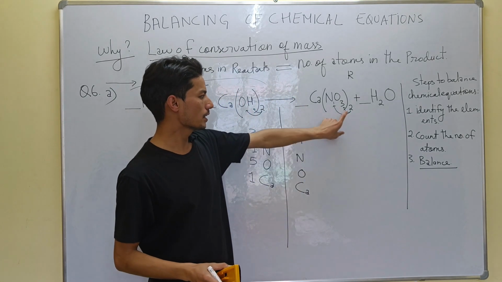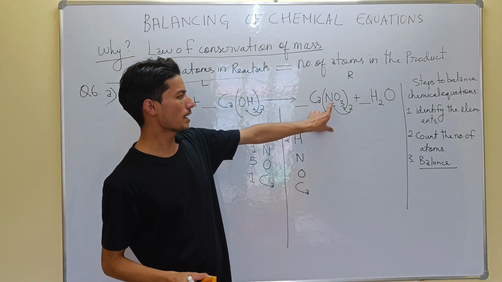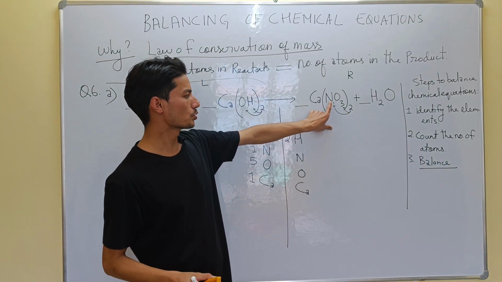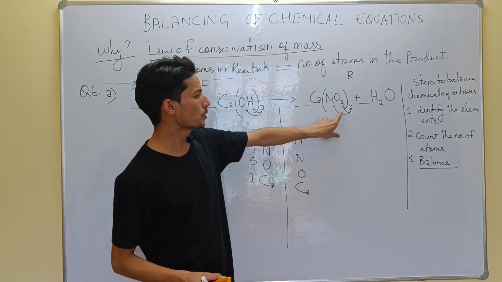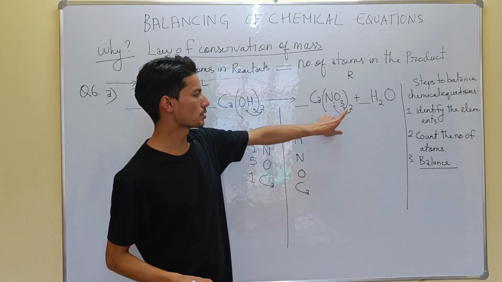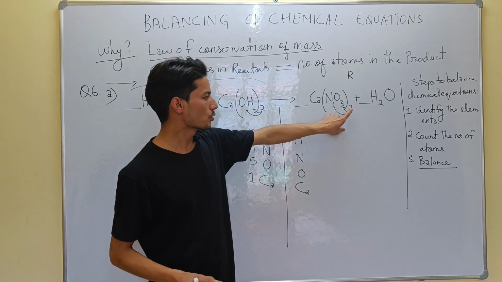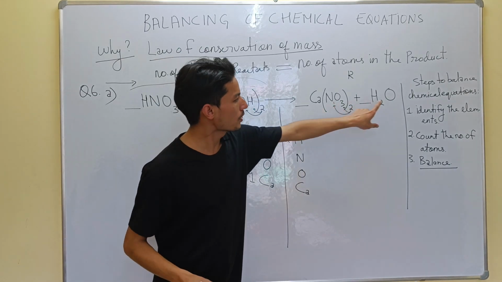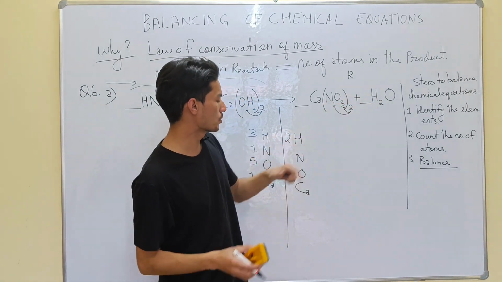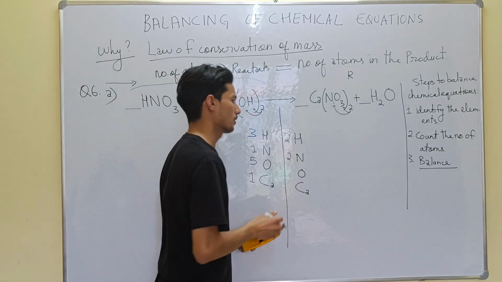So 2 will multiply with N. 2 ones are 2, so we have 2 nitrogen. We don't see any other nitrogen here. So there are 2 nitrogen here.